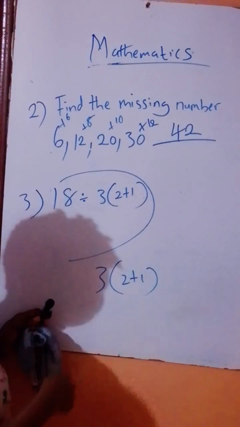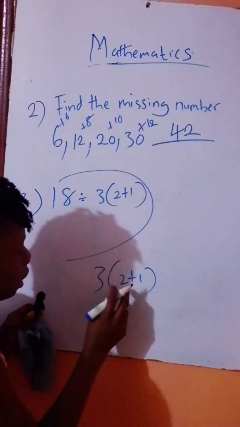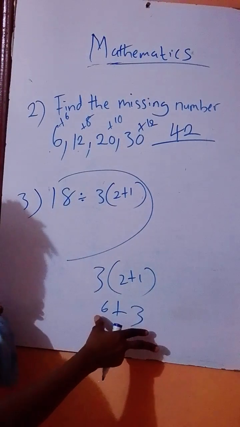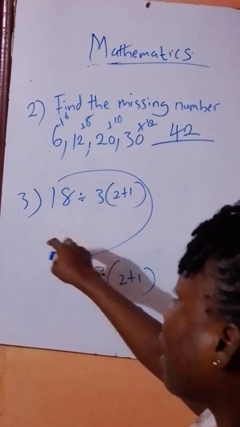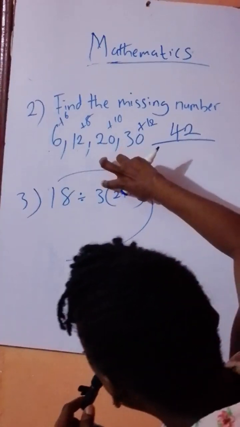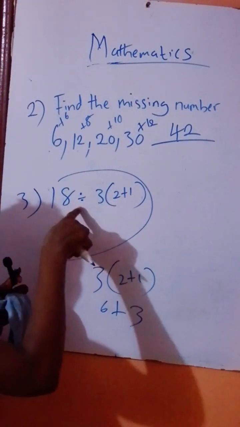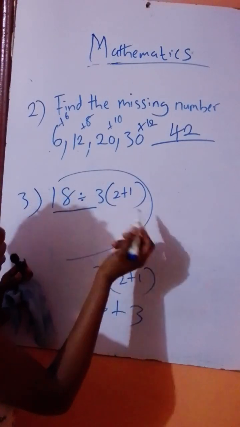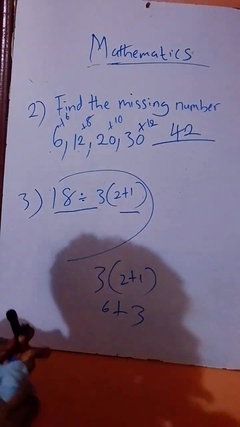Assuming we have something like this, I can just say 3 times 2 is 6 plus 3 times 1 is 3. I expanded the bracket. But here, this bracket is standing alone. This 3 belongs to the 18 divided by 3, so these two are standing together, and this one is standing alone. That is different.